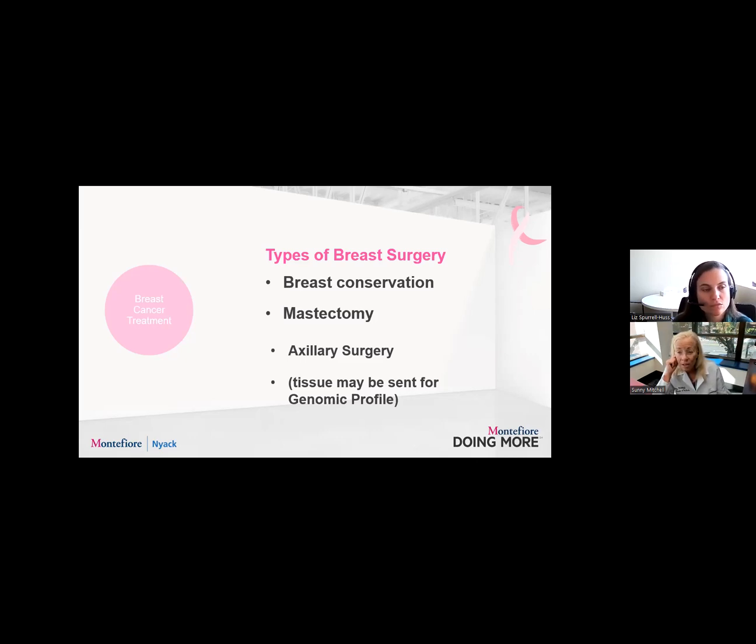Immediate reconstruction can be an implant, or it could be your own tissue from your own body. We work with several really talented plastic surgeons from the community as well. We're really fortunate to have the Montefiore Plastic Surgery Group, which provides immediate reconstruction for our patients that undergo mastectomy.